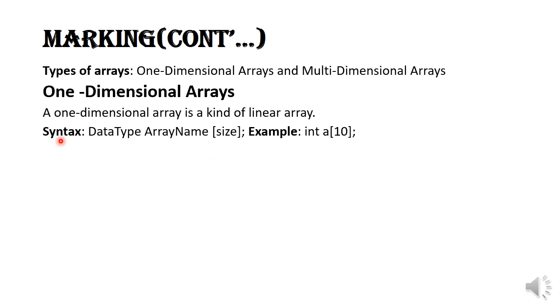So, the declaration syntax of a one-dimensional array is very simple, but it varies depending on the programming language under consideration. But in the general syntax, we have data type.